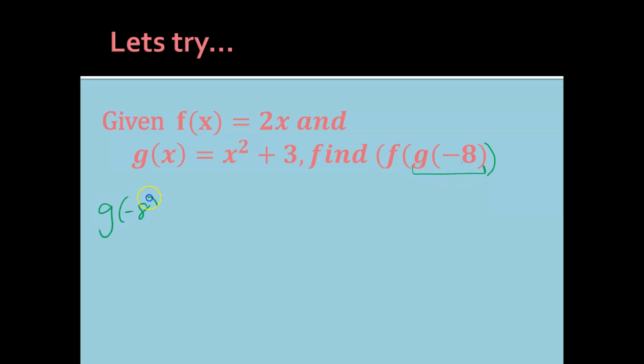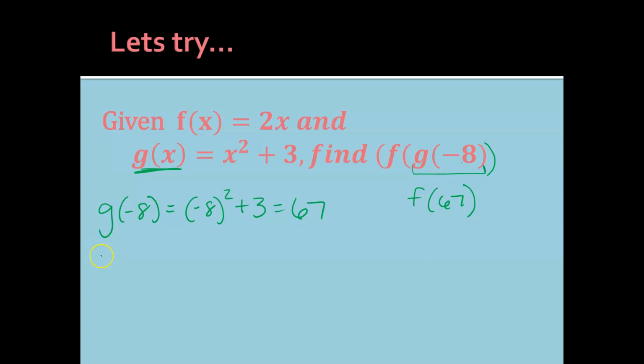G of -8 means I'm going to take my g function and replace all my x's with that number. Now it's a negative number, so please use parentheses. So I'm going to say -8 squared plus 3. Use your calculator or Desmos, whichever one. And I get this to be 67. Now I'm not done because now I've simplified this to f of 67.